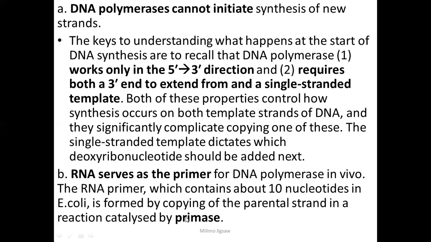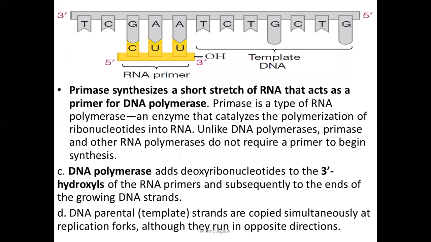Very important, primase catalyzes the synthesis of the RNA primer. So primase is going to synthesize this short segment of RNA.